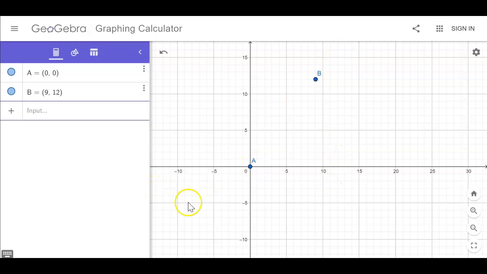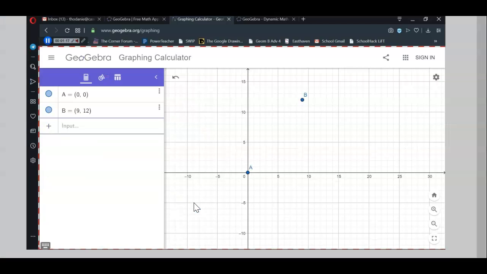Kids figure out, if I need to get from here to there, it's really hard to talk about a diagonal. Pretty quick, they should figure out, just go so many to the left and then so many to the right, to get from A to B.